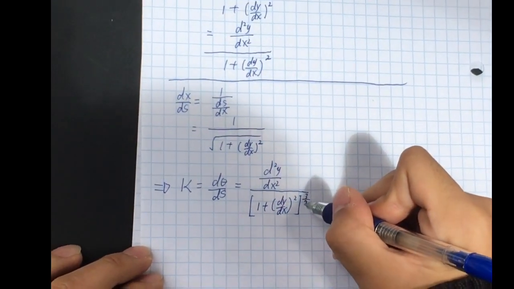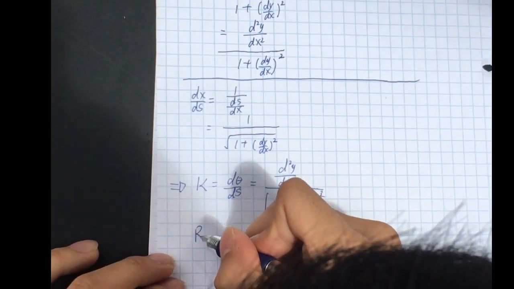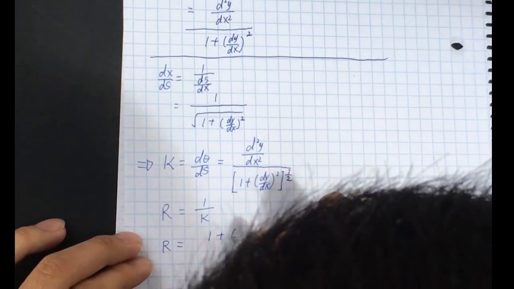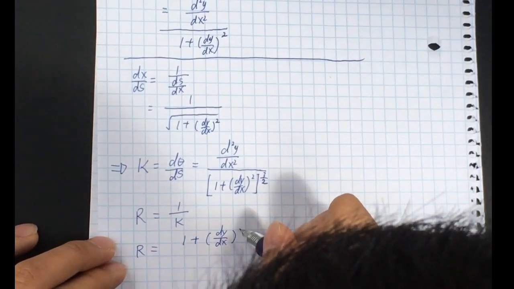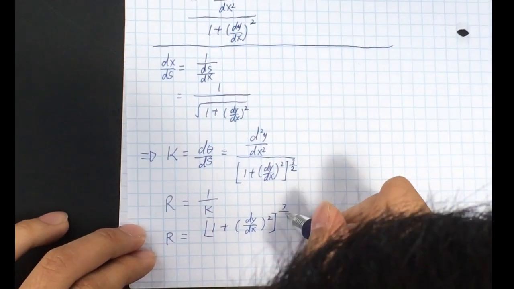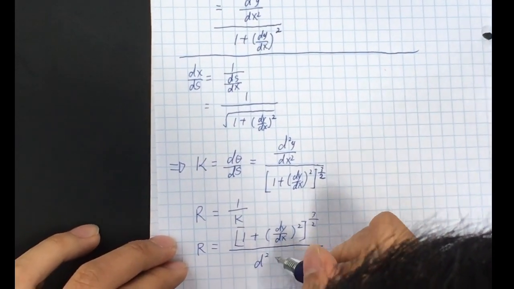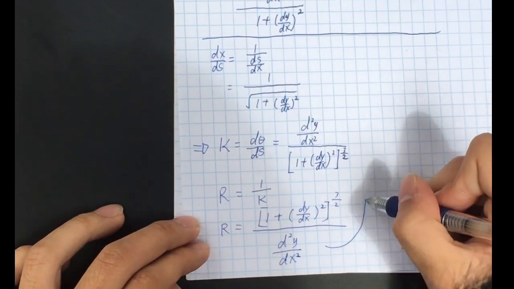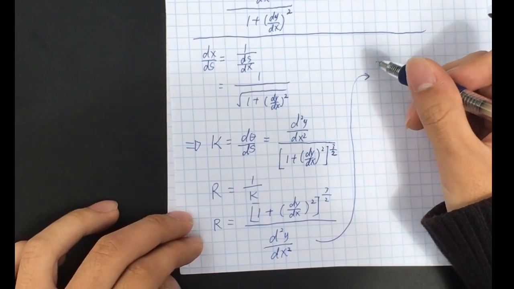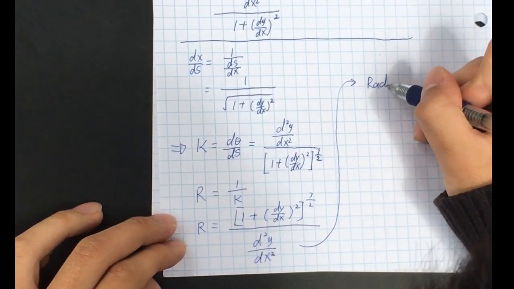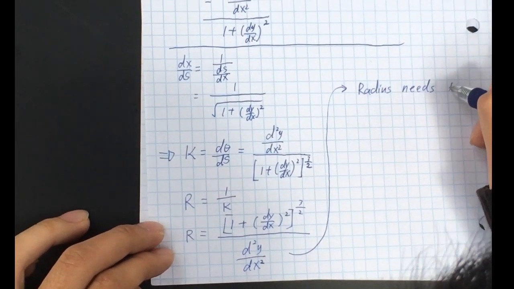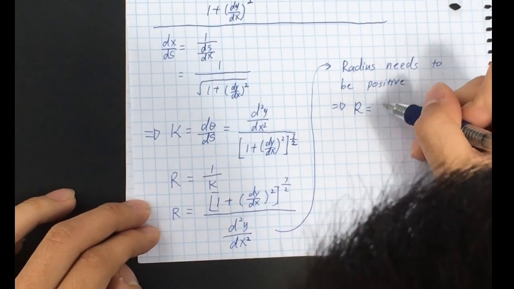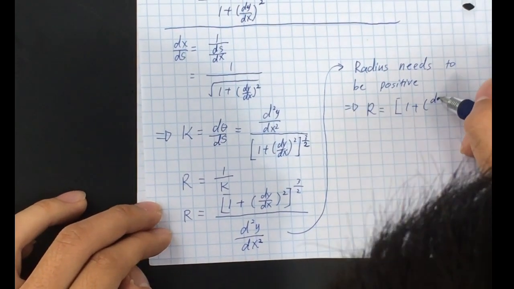And the radius of curvature is just the reciprocal of the above expression, which is r equal to the quantity 1 plus dy over dx squared to the 3/2 over the second derivative d squared y over dx squared. And since the radius needs to be positive, we take the absolute value of the denominator of the fraction, and we get the formula of the radius of curvature.